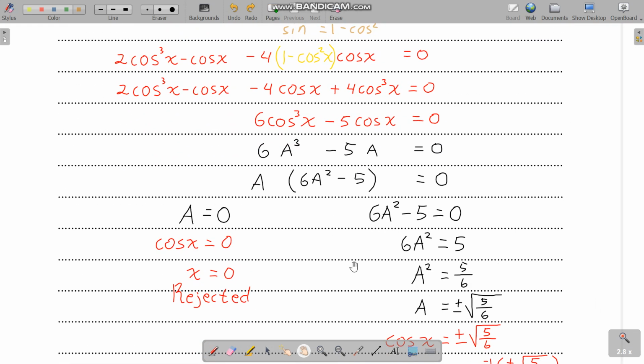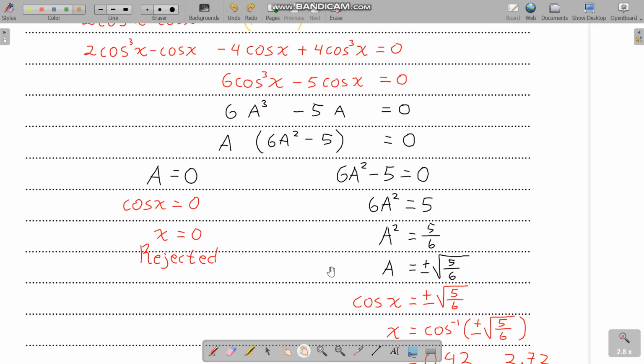And if this is confusing, just replace the cos with a. We have 6a cubed minus 5a. Factor out a, and we have to solve a equals 0, 6a squared minus 5 equals 0. Move minus 5 to the right, plus 5, divide by 6, take the square root.